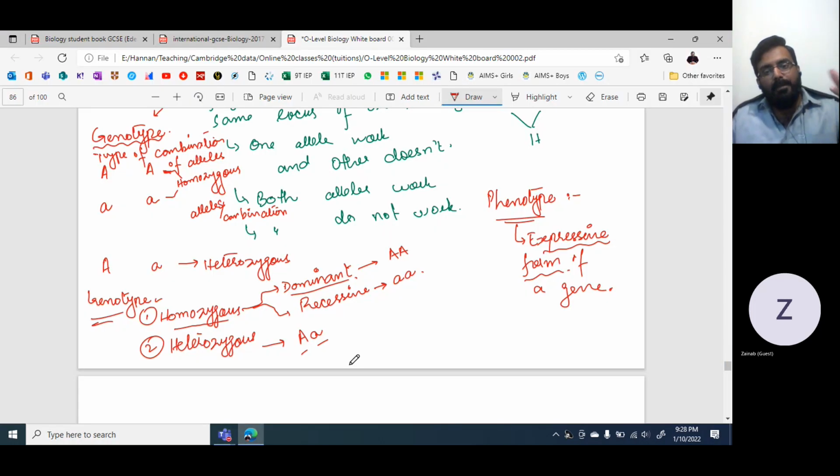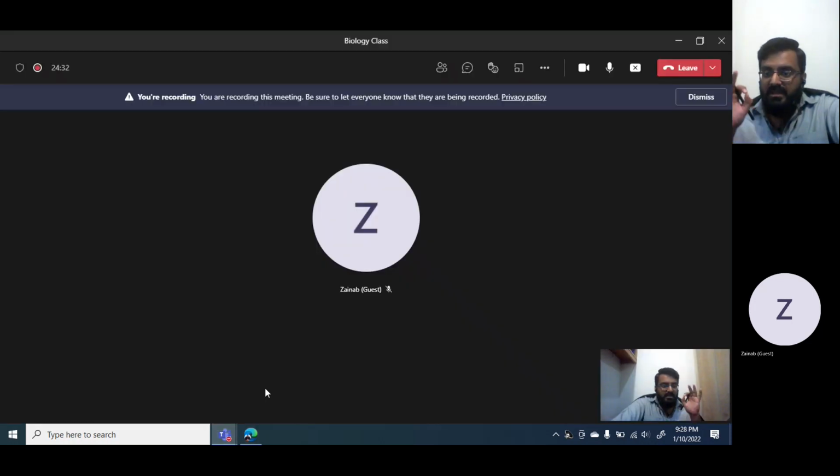Let me apply this example on the human body. For example, if my nucleus has the hemoglobin gene that is known as the HB gene. HB gene is there in the nucleus. It is present. But how would I realize that I have the HB gene?